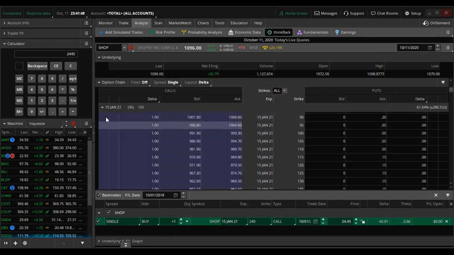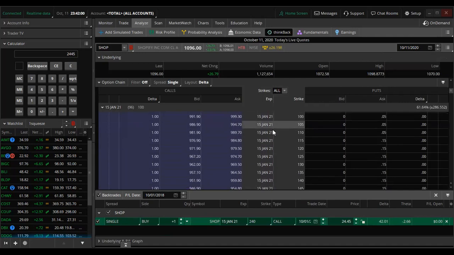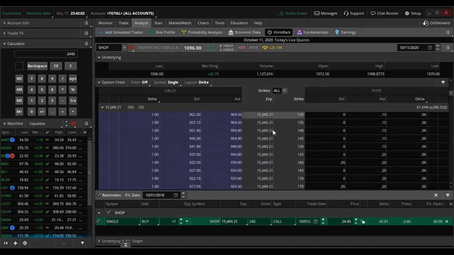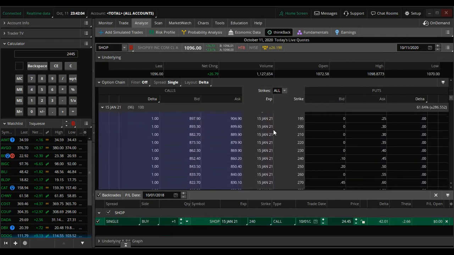So if we look up today's option, which is still in effect, it doesn't expire until the 15th, January 21. We're going to scroll down and look at the price of the 240 strike. If you look right here, the bid is 852. The ask is 860.